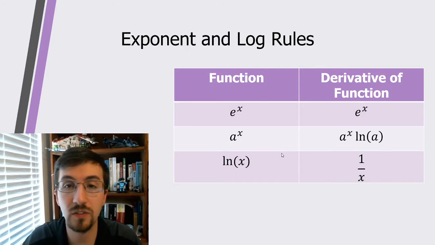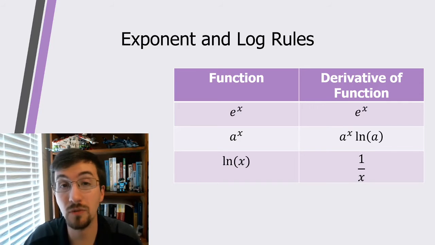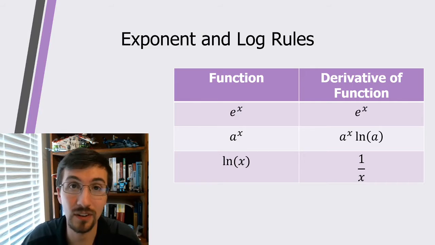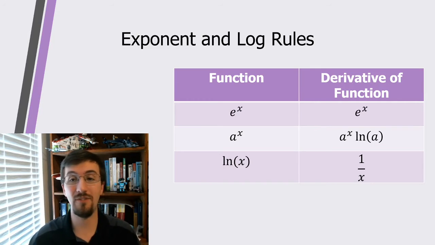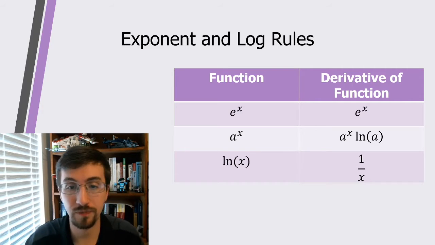Now let's talk about some rules when you have the exponential and logarithm functions. So the function e to the x, the derivative of that is e to the x. It is its own derivative, which is a really interesting fact, but also a really wonderful and very useful and helpful fact for us as we go into the future.